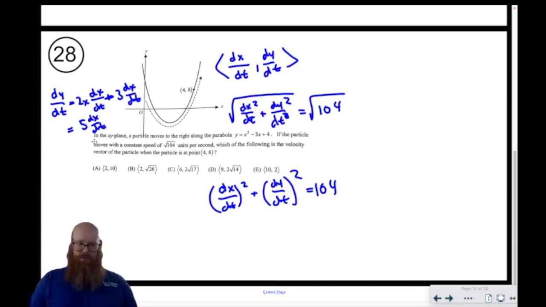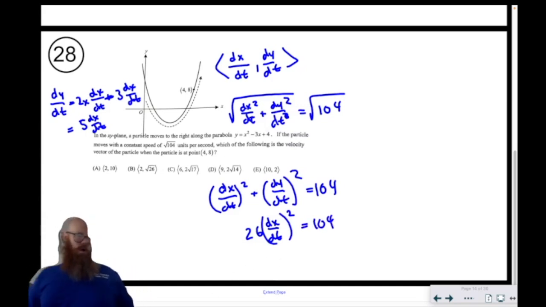So that tells me that dy/dt squared is 5 dx/dt squared, which is 25 dx/dt squared, plus this is 26. So we get 26 dx/dt squared is equal to 104.